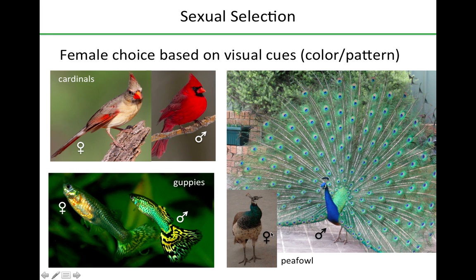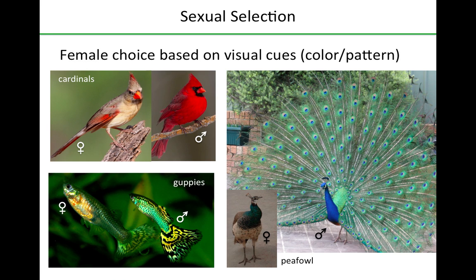The peahen, the female, is elaborate looking for a bird, but not that brightly colored. And then you look at the male, and he's this brilliant blue with this huge tail with all the eye spots. Males with more eye spots in their tails tend to be more successful in attracting females.